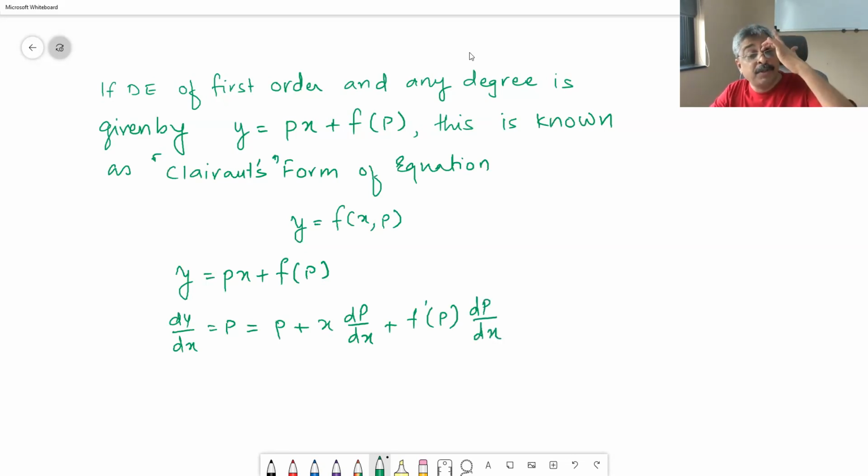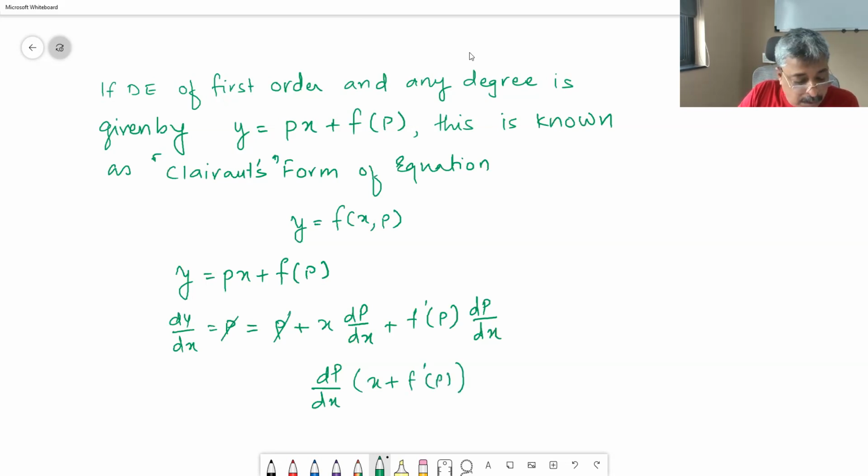Whatever is the derivative of this required function, you will get it, and therefore the p p cancellation takes place there, and you can take dp by dx common: dp by dx inside bracket x plus f dash of p is equal to 0, right?